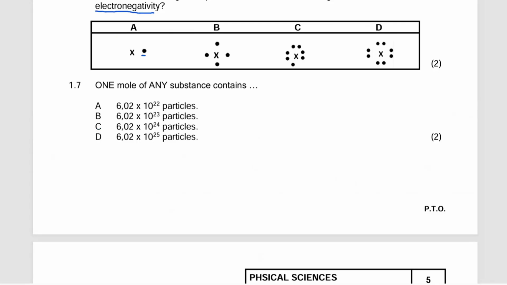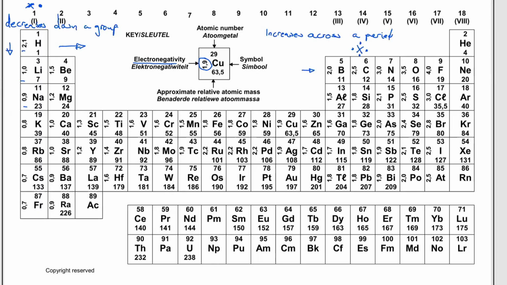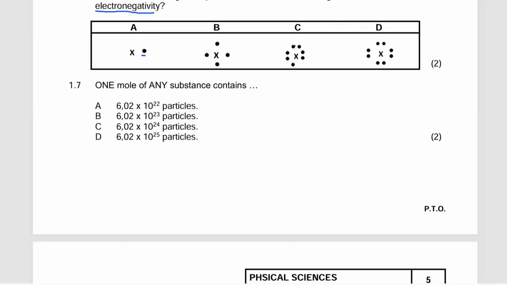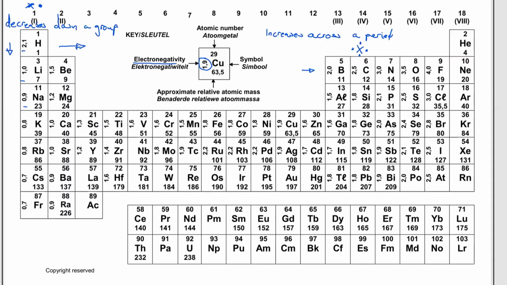Then we've got our option C. If we count, they have 2, 4, 6, 7, 7 on the outer shell, so it should be in group number 7. They gave a symbol X again. So this is group number 7: 1, 2, 3, 4, 5, 6, and the last one becomes 7.